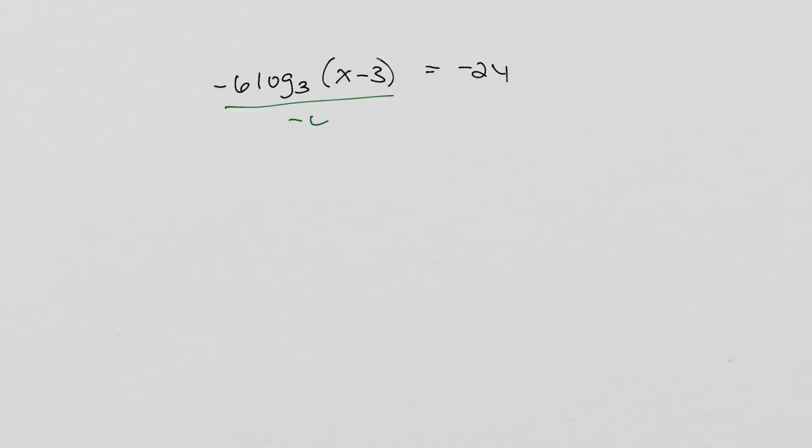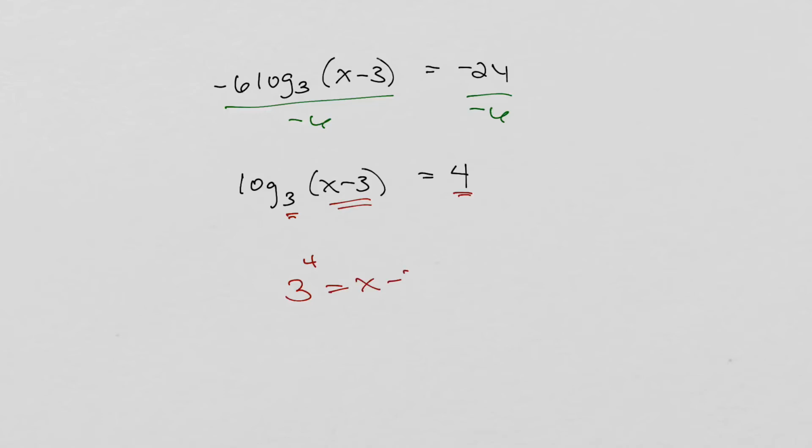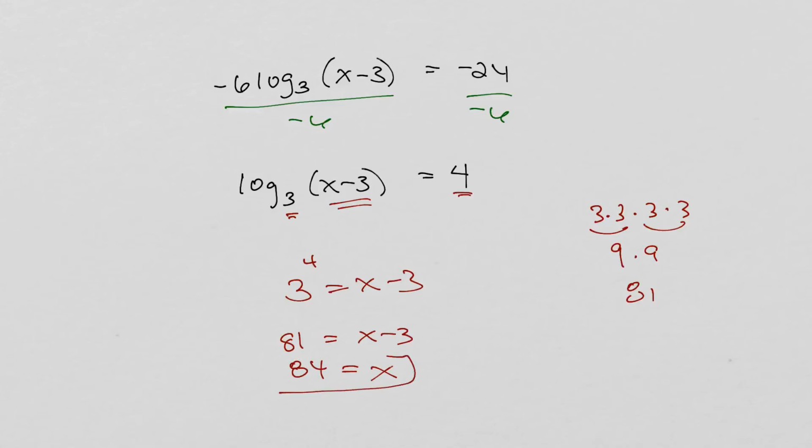So let's divide by negative 6, and that'll give me log base 3 of x minus 3 equals 4. Now I can rewrite this as an exponent. There's my base, there's my exponent, and that equals this answer. Now 3 to the 4th, that's 3 times 3 times 3 times 3. That gives me a 9, that gives me a 9, and then 9 times 9 is 81. So I have 81 equals x minus 3, and if we add 3 to both sides, I get x equals 84.